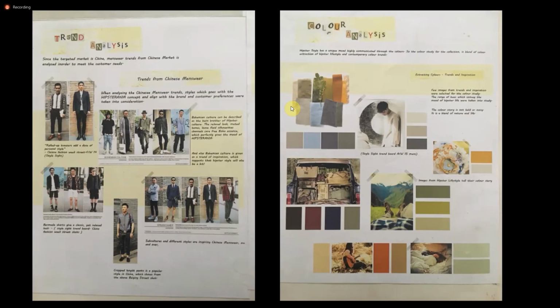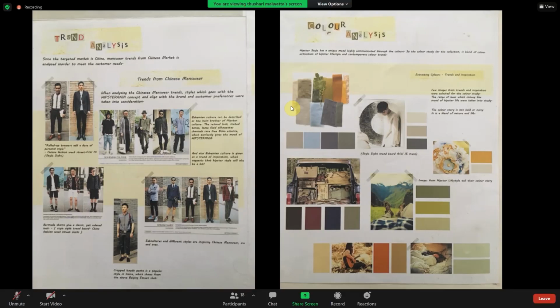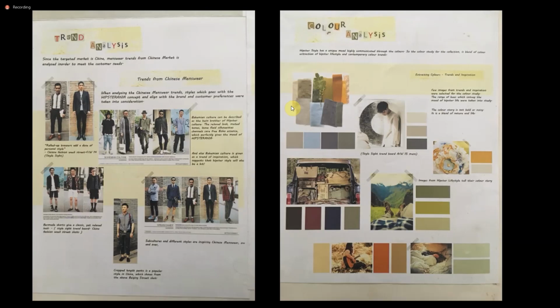What type of new things do you see? In fashion designing, this is a particular industry. There are companies that do trend analysis, forecasting and predicting trends.